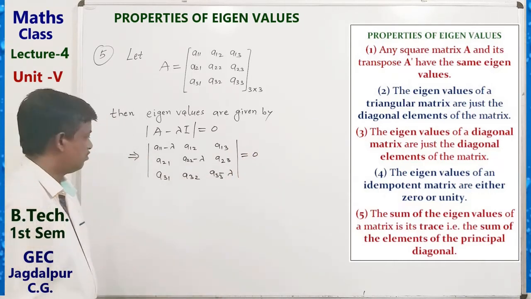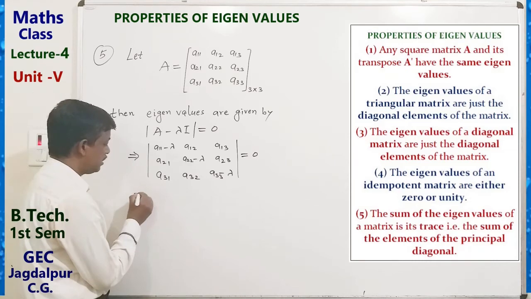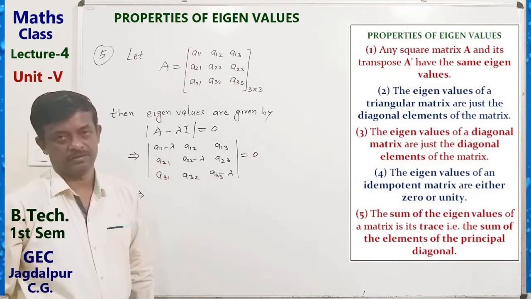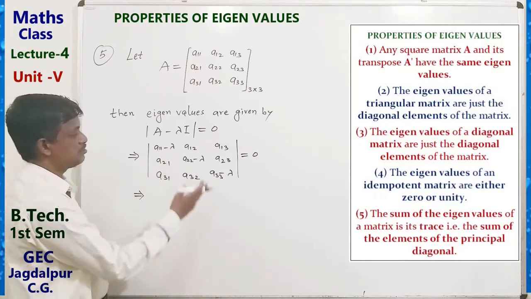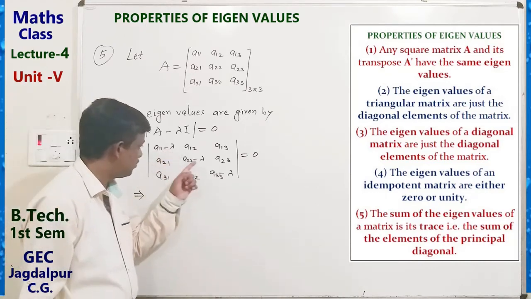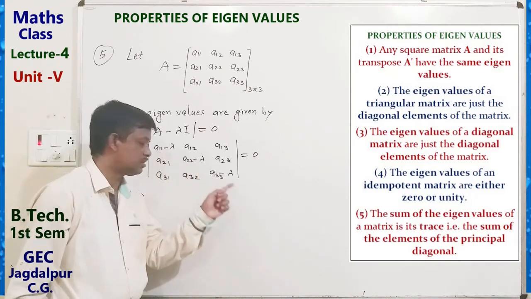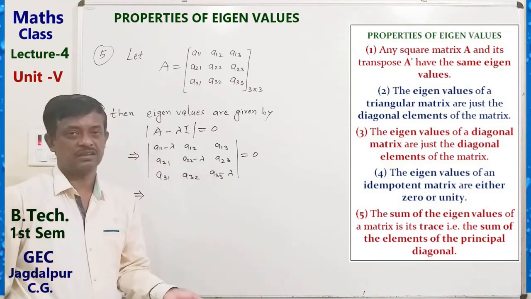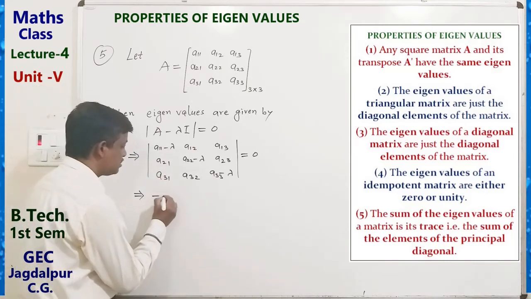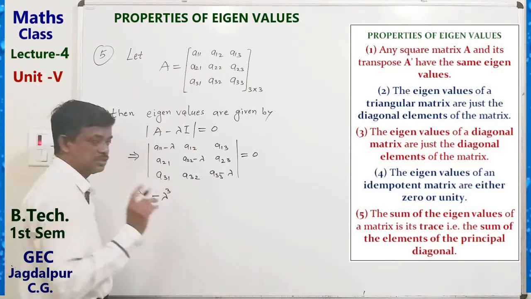So this equals 0. By solving this, just see, expand this determinant. We get a cubic equation in lambda, because lambda appears three times with a minus sign. So minus lambda power 3 is the highest power of lambda.